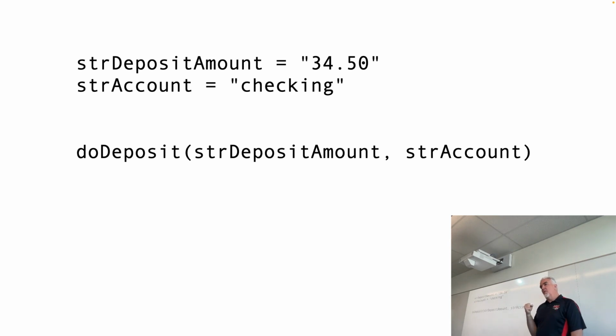That's sort of like what the power of a custom function can do for you. Because we could create this function now, and it doesn't matter if we have 100 or 1,000 or 1,000,000 different accounts. If we have those two pieces of information, we can do a deposit in any of those accounts for any amount.